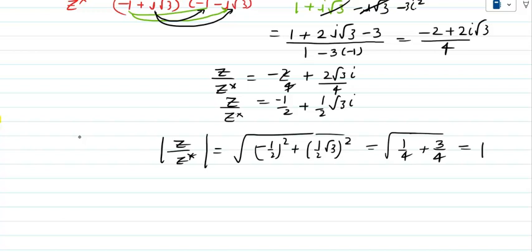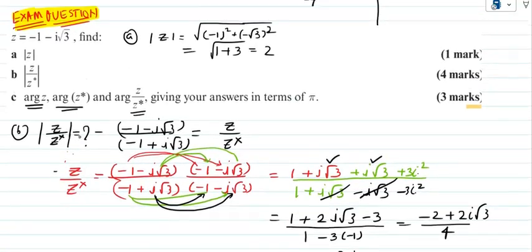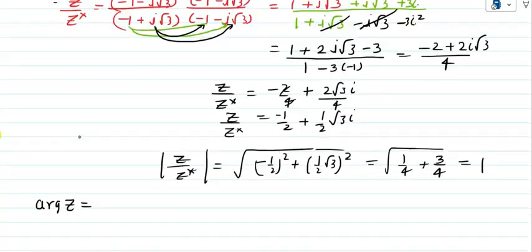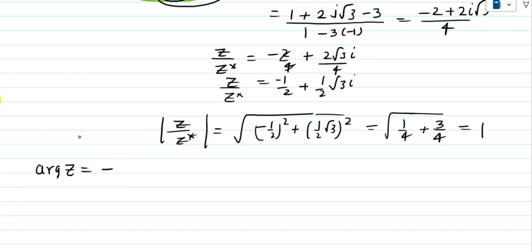So first of all, your argument z. What was the z value? If we see here, the z value was minus 1 minus i root 3. So what should be the argument z here? If you plot it, minus 1 will be here, and minus i root 3 will be here.